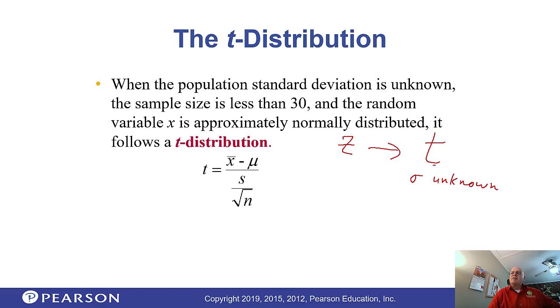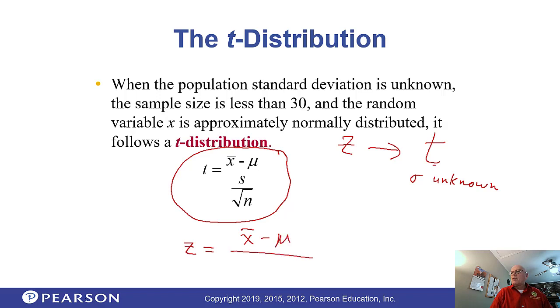We've got a list of the characteristics of that t distribution. But notice in particular that this looks very much like the one where we did know the standard deviation. Remember, the other one was z equals x bar minus mu over the standard deviation divided by the square root of n.